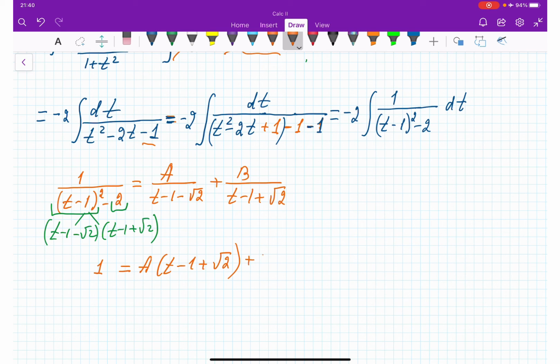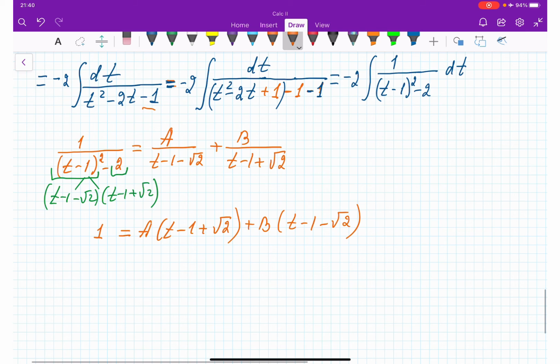Plus b times t minus 1 minus square root of 2. Okay? Let me see if I confused you or not. So from here, I'm getting, since I don't have any t, it's going to be 0t plus 1. Right? And I will get at.